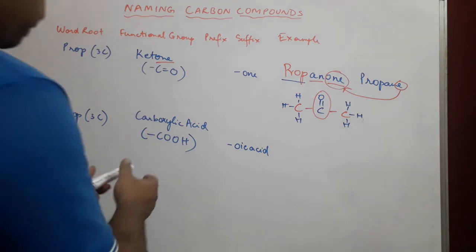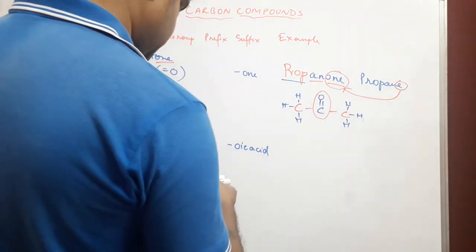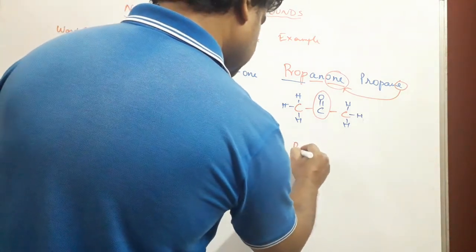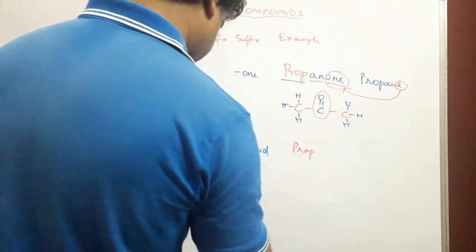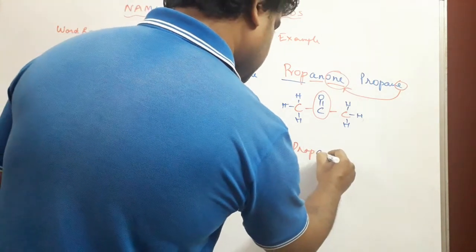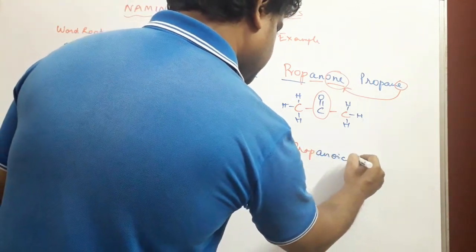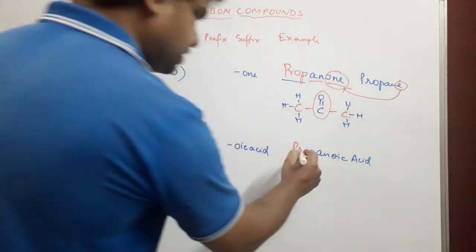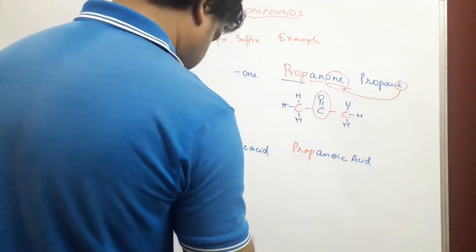So if we have prop as 3 carbon atoms, an example we can give is propanoic acid. Propanoic acid. Prop tells you there are 3 carbon atoms here.